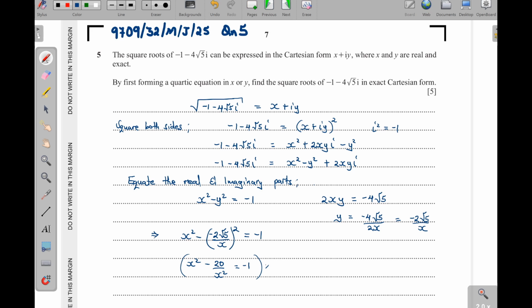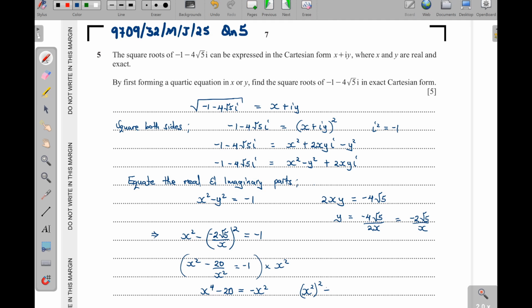Now I will multiply all through by x squared to eliminate the denominator. x squared times x squared will give us x power 4. Then minus 20, and then we shall have -x squared. So if this one comes back here, you get x power 4 plus x squared minus 20 equal to 0, and x power 4 is the same as saying x squared, then squared, not so?